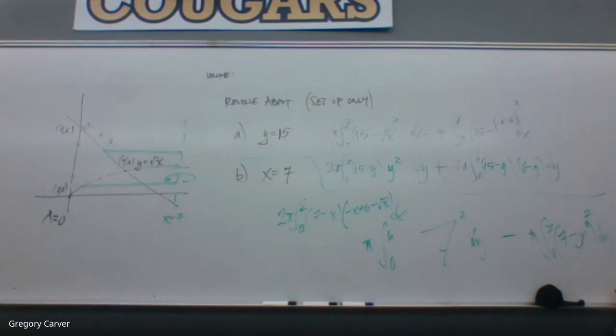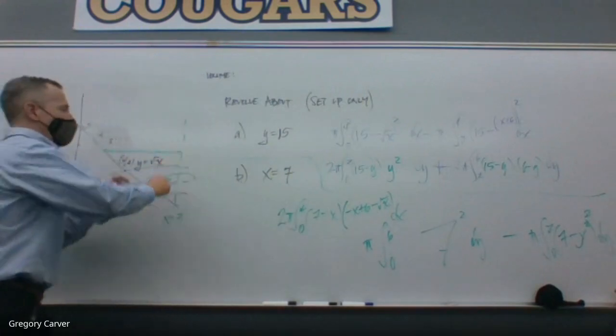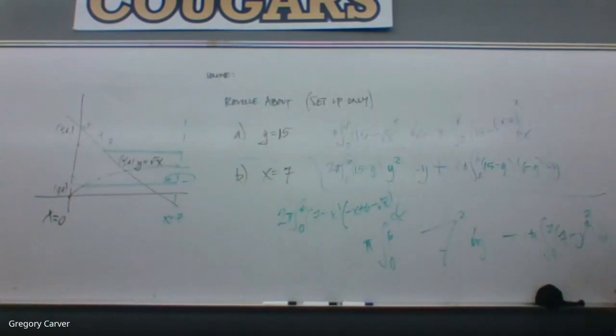I also have to take away pi going from 2 to 6 of dy. What's this? Another 7 minus x would be 7 minus y plus 8. Is it 6 minus 1? Is that right? Okay, good. We're all good.